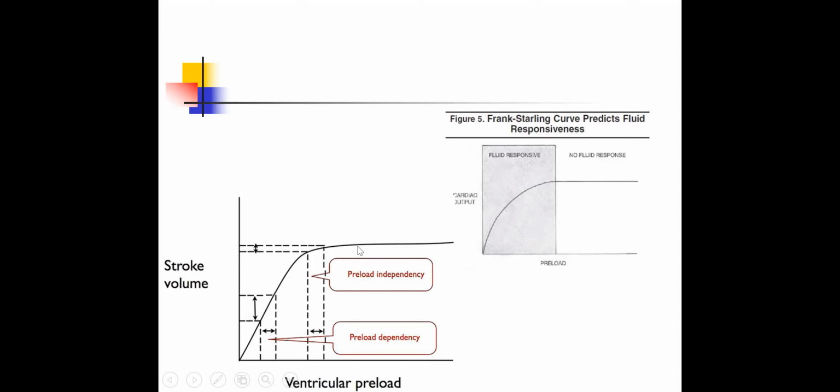Whereas when it is on the flatter portion of the curve, for the same increase in preload we do not get an appreciable increase in stroke volume. When the heart lies on the steep portion, it is considered fluid responsive. When it lies on the flatter portion of the Frank-Starling curve, it is known as fluid unresponsive.